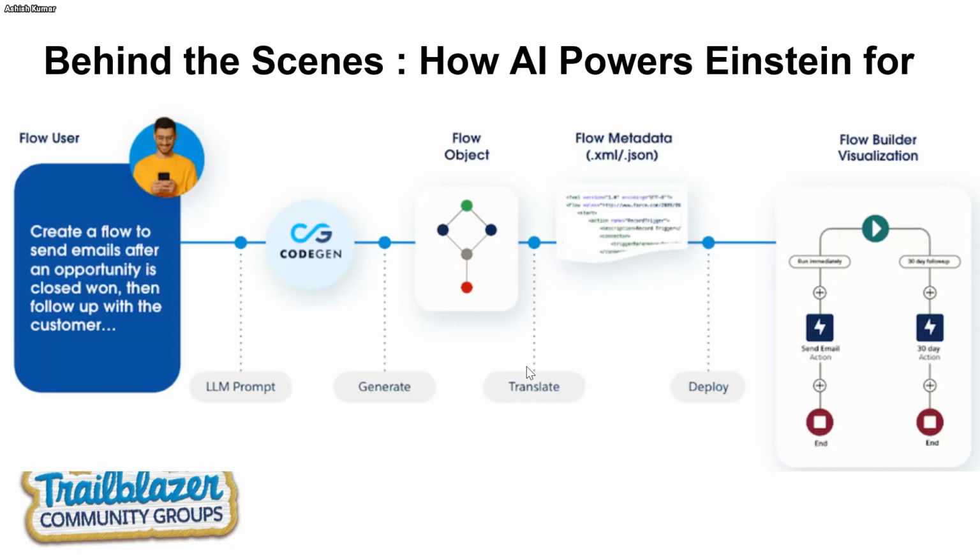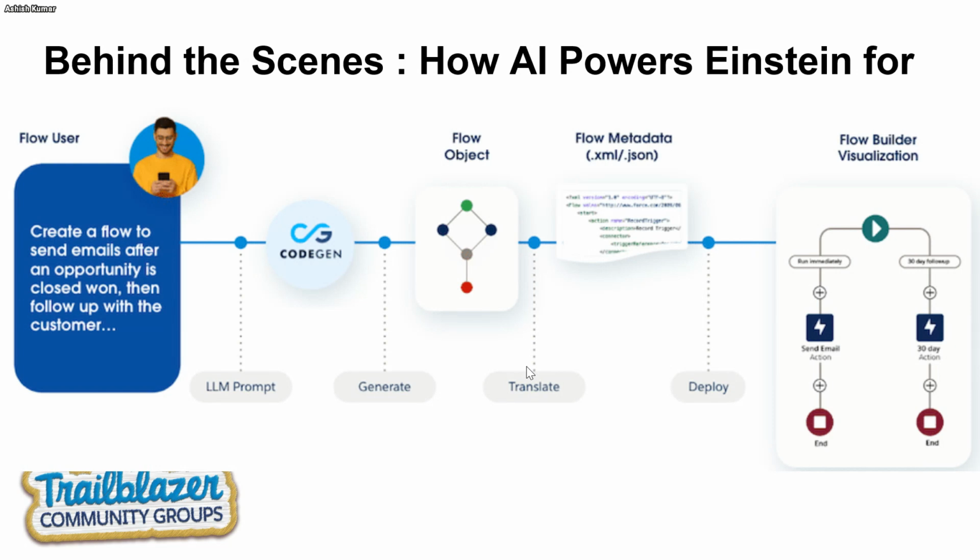Now let's see behind the scenes how Einstein works to create the flow. For the LLM model, Salesforce uses CodeGen in the backend to create the flow. As a user, I pass the prompt: create a flow to send an email after an opportunity is closed, then follow up with the customer.